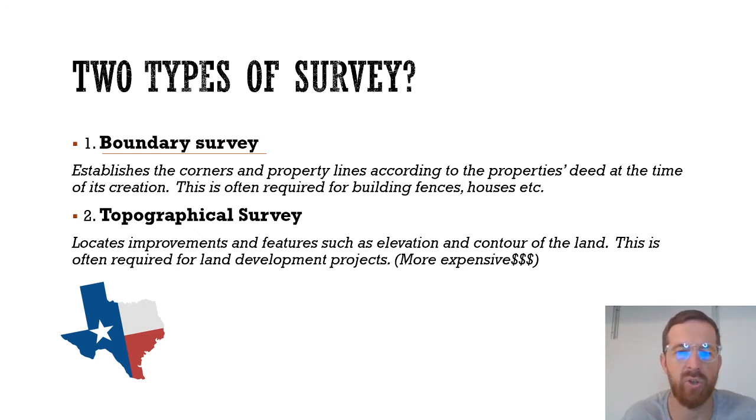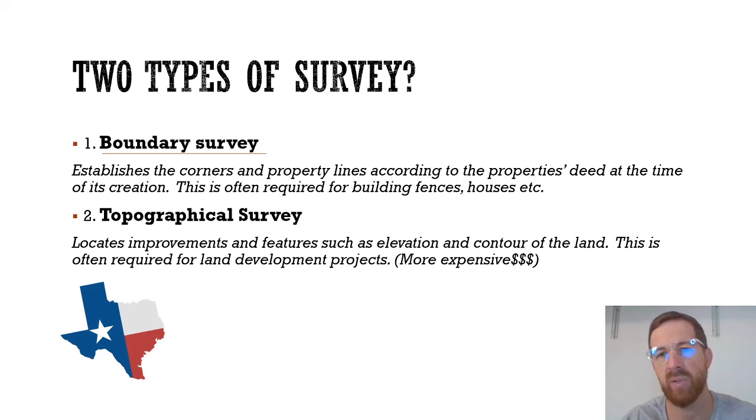It locates features like the elevation and the contour of the land, and they even take thousands of measurements sometimes, depending on the size of the property, to find out the exact topography, drainage, fall, waterways, etc. These are usually required for more extensive development projects like commercial buildings or apartment complexes, where they're going to put in parking lots and different things that have elevations that would be important.